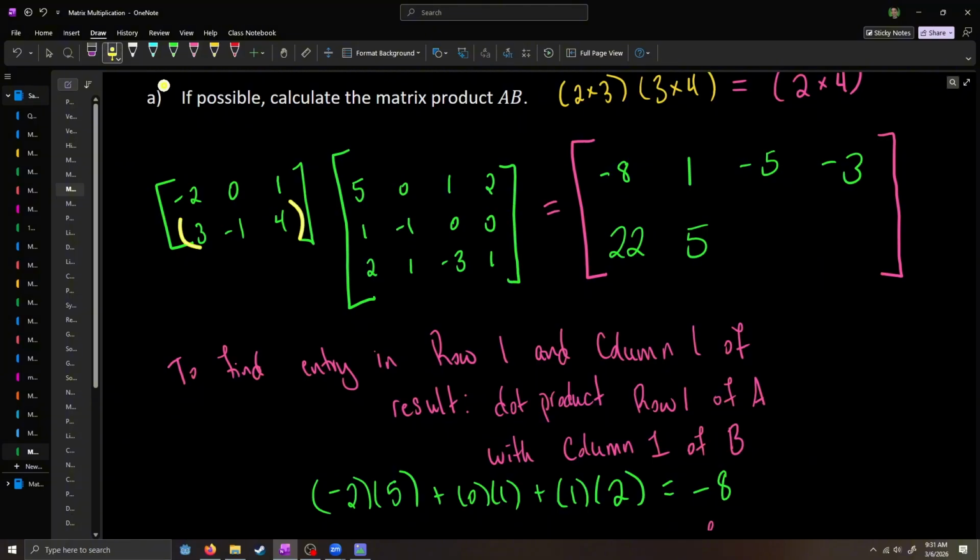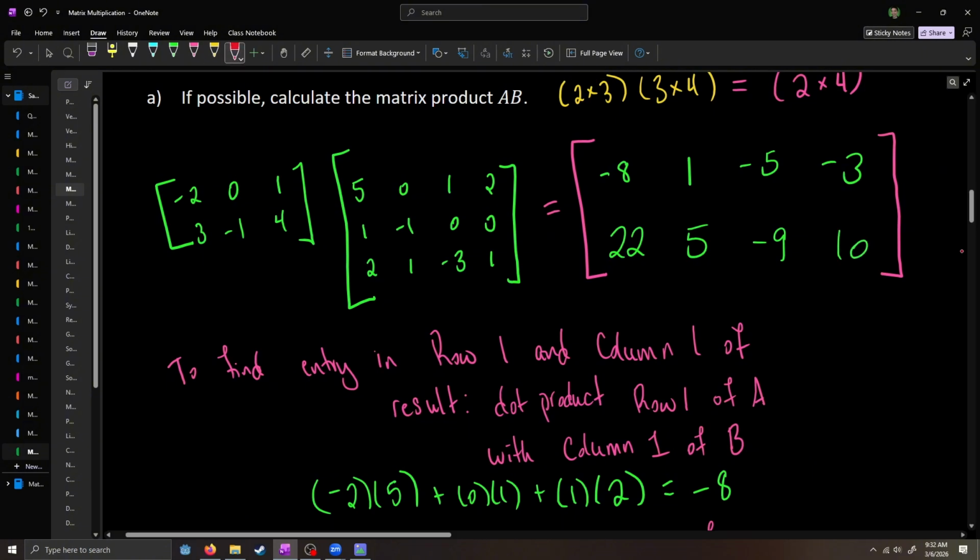Second row, third column, the dot product would be 3 plus 0 minus 12, so -9. And then finally, second row, fourth column, would give us 6 plus 0 plus 4, result 10. So this 2 by 4 matrix that we've constructed by calculating all of these dot products would be the result of the matrix multiplication A times B.